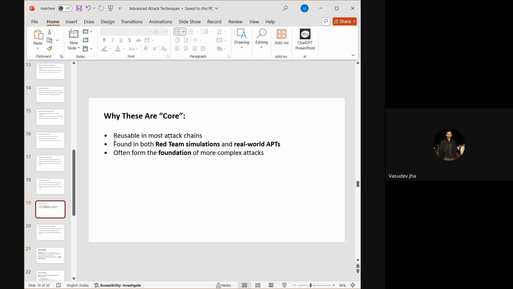So all these techniques, from social engineering to APT, basically create a foundation for more complex attacks. The key point you need to remember in advanced hacking techniques is that we are not relying on a single situation or a single objective. We are just creating a foundation.